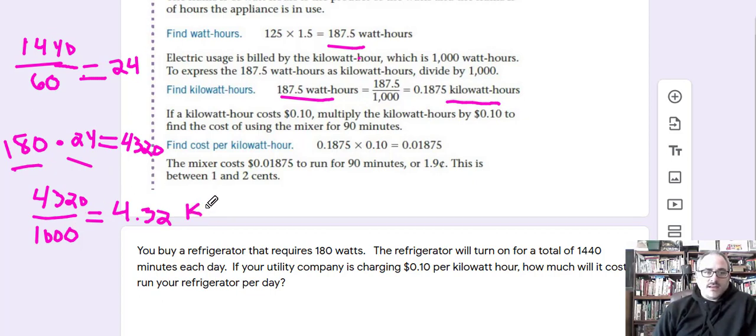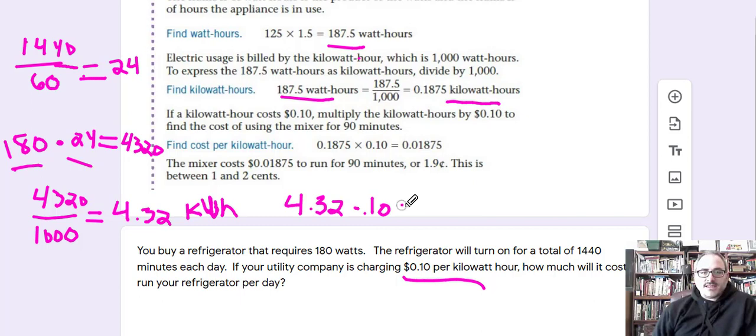Kilowatt hours, all right? And I think that the W actually has to be capitalized. Anyway, we know that we're getting charged 10 cents per kilowatt hour. So it costs us 10 cents per kilowatt hour. So 4.32 kilowatt hours per day times 10 cents, right?